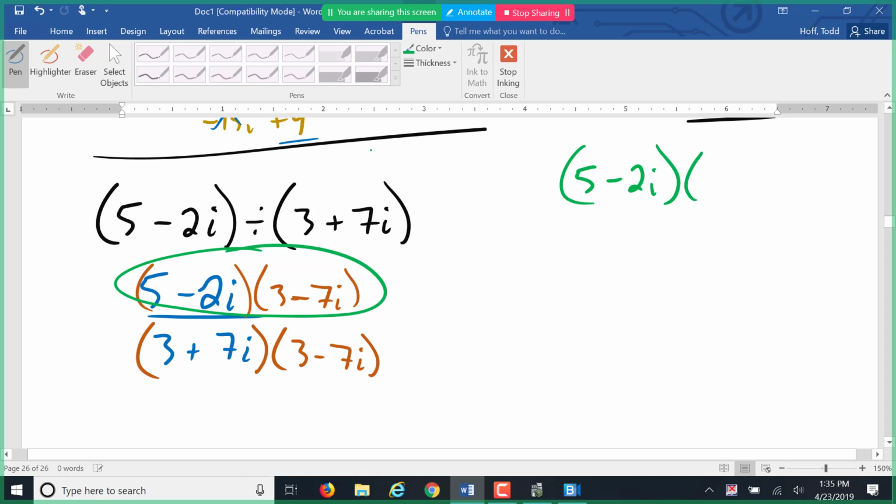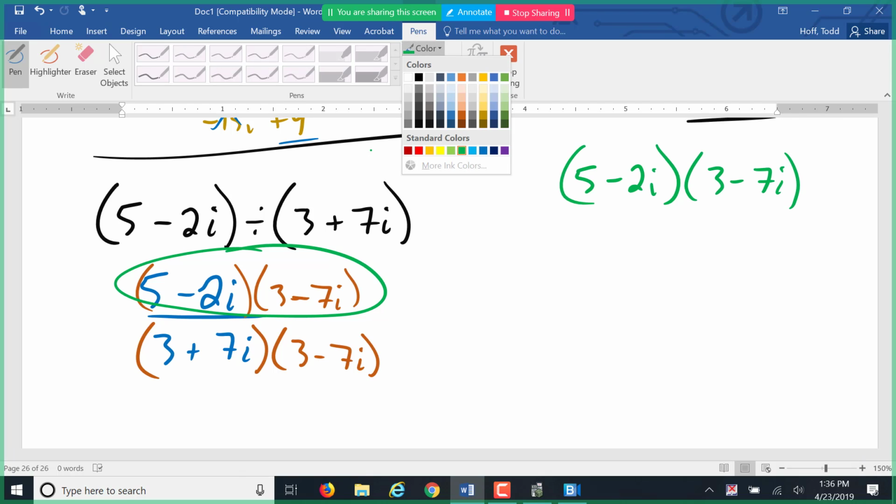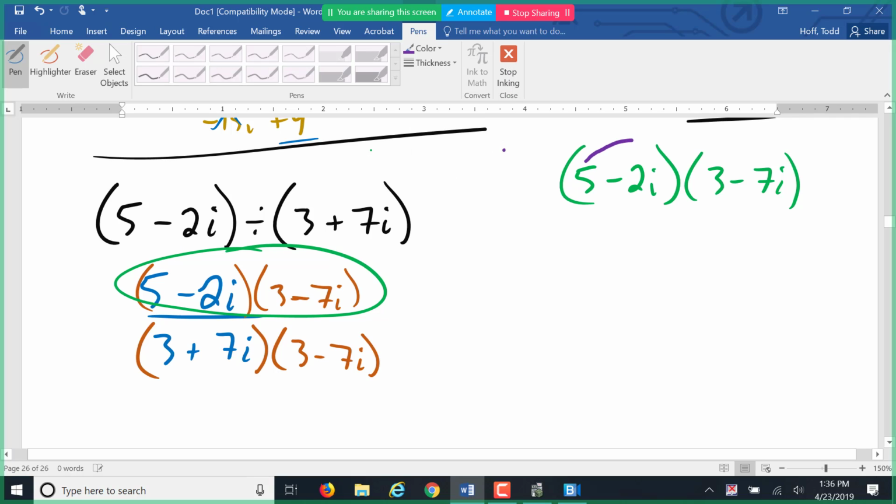So 5 minus 2i times 3 minus 7i. 5 times 3 is 15. 5 times negative 7i is negative 35i. Negative 2i times 3 is negative 6i.